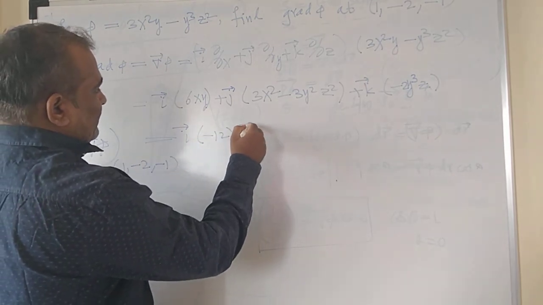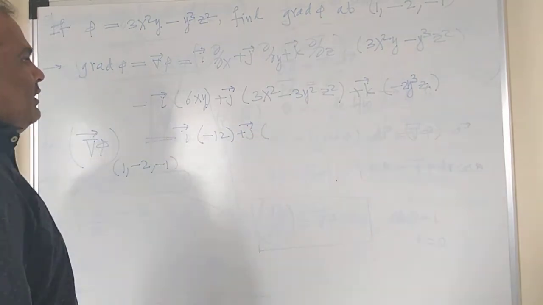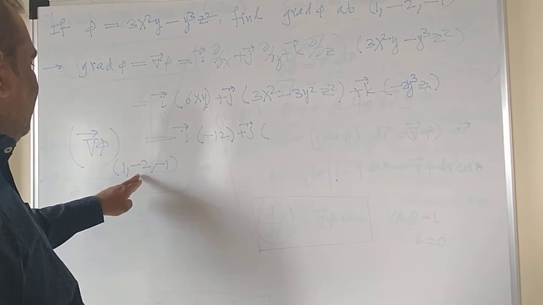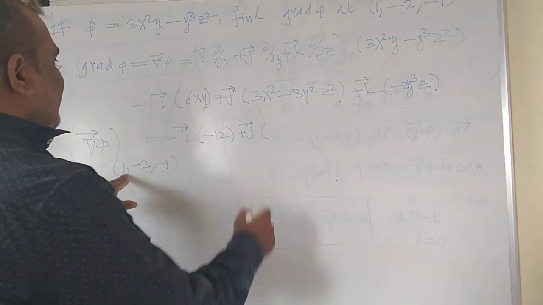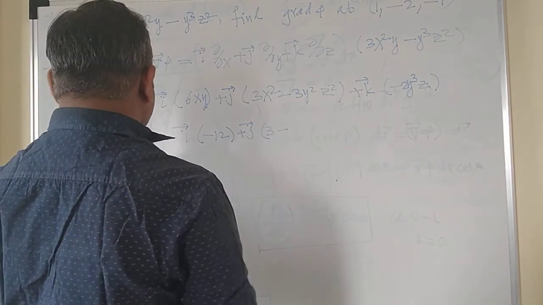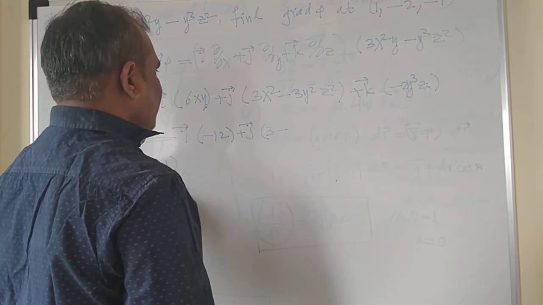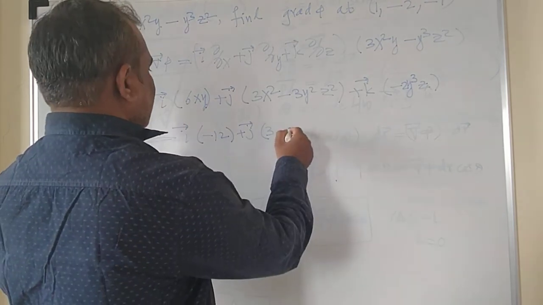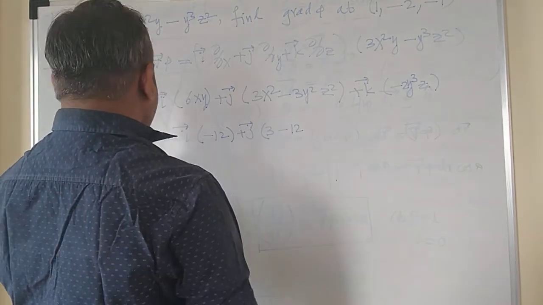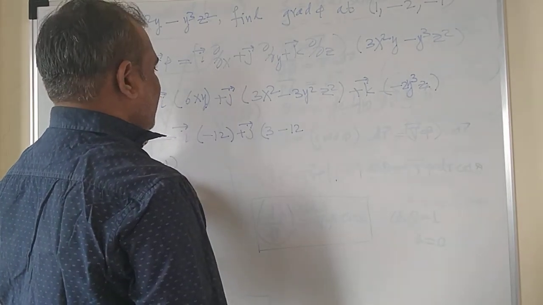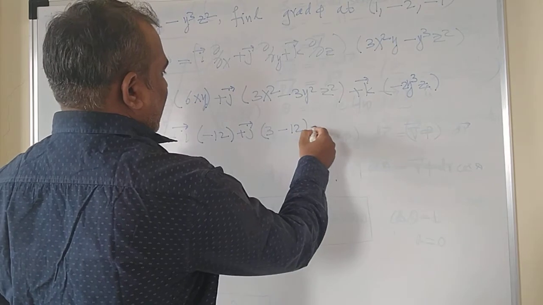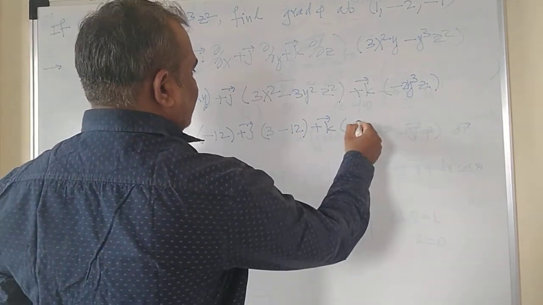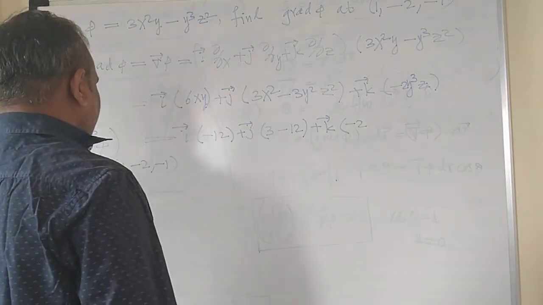Plus j bar into 3x square minus 3y square into z square. So put x equal to 1, you will get 3 minus; y is minus 2, its square is 4. So 4 into 3 is 12. So this is minus 12 and z square is 1. So 3 minus 12, plus k bar into the bracket minus 2 into y cube z.